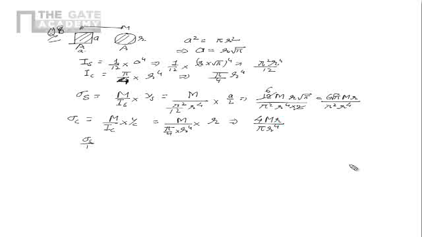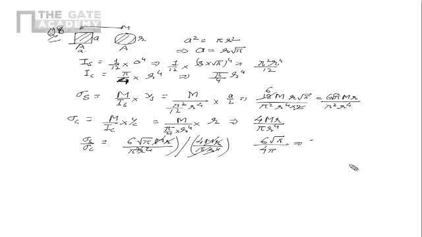Now sigma s upon sigma c is 6 square root pi Mr upon pi square r to power 4 divided by 4Mr upon pi r to power 4. So this r to power 4 gets cancelled, Mr gets cancelled, and this pi cancels the square. So this becomes 6 square root pi upon 4 pi. This is nothing but 3 by 2 square root of pi. Sorry, 3 by 2 divided by square root of pi.